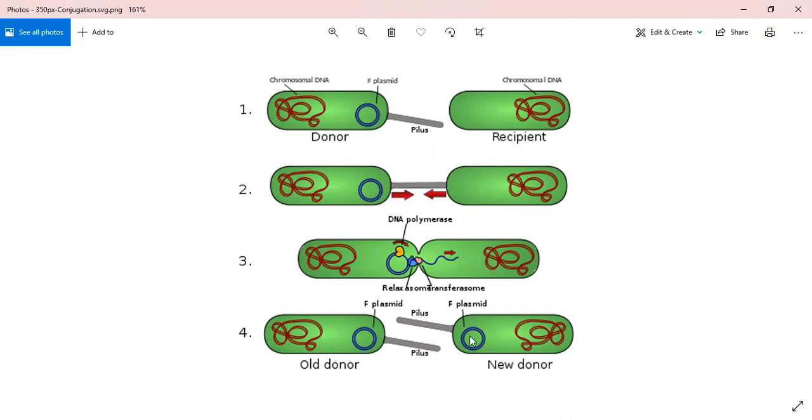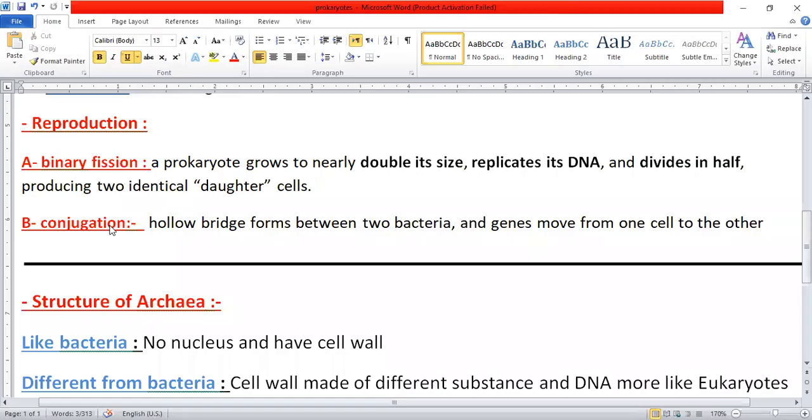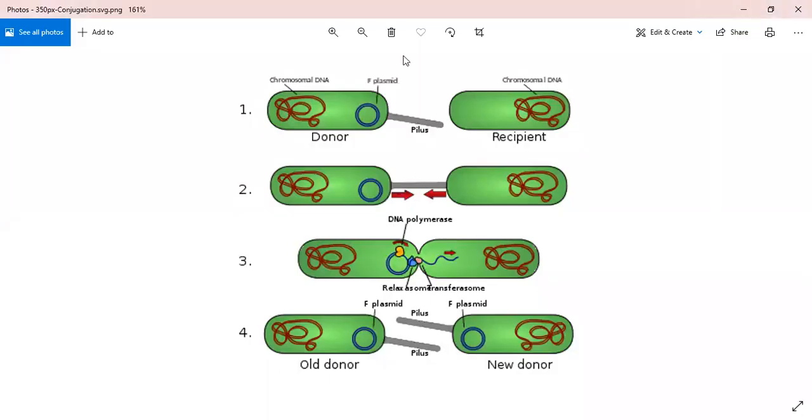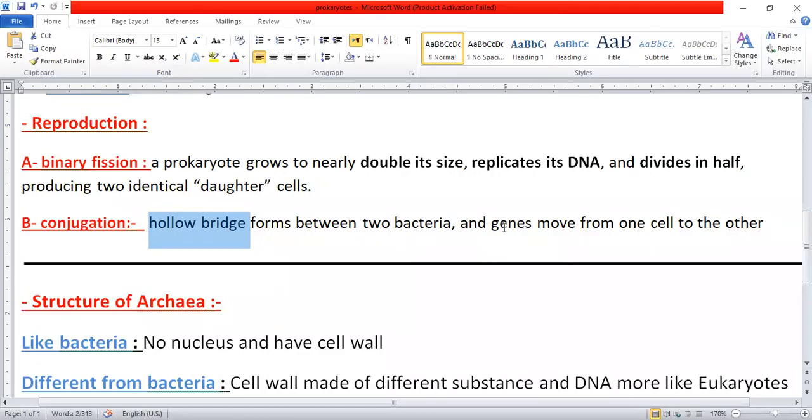Now, the bacteria has passed a copy of its DNA, this plasmid, to another bacterial cell. This is called conjugation, okay? A hollow bridge is formed between two bacterial cells, and the bacteria move genes from one bacterial cell to the other, okay?